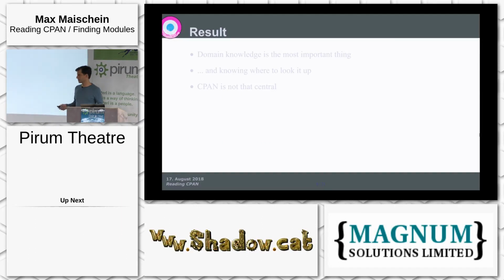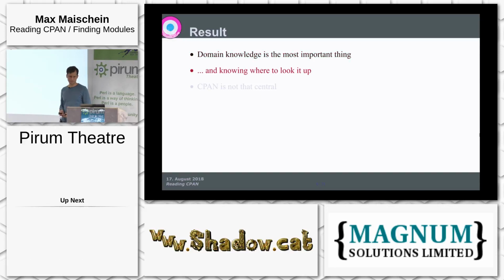Now, just in case any of you leaves early, the result will be that domain knowledge beats about everything else. You can't really decide on what module to use if you haven't understood the problem and the different approaches that exist for the problem you have.